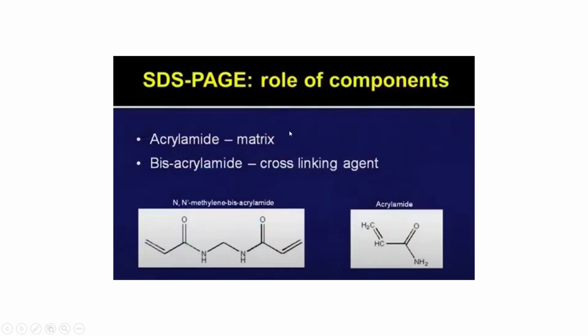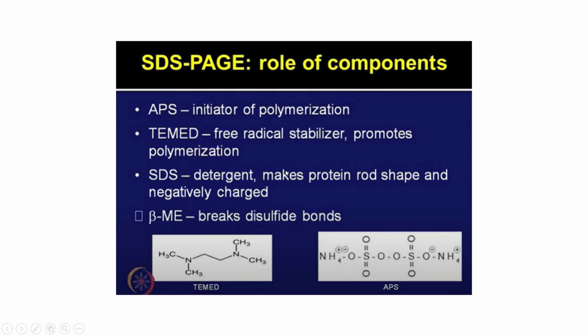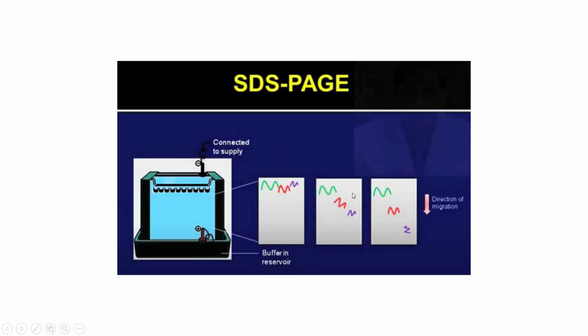As I said, it has acrylamide and bisacrylamide. Acrylamide is the main matrix. Bisacrylamide helps in cross-linking, APS is the initiator of polymerization, whereas TEMED gives free radicals that promote polymerization. SDS makes the proteins negatively charged, and beta-mercaptoethanol helps in breaking disulfide bonds. That's how proteins get run.